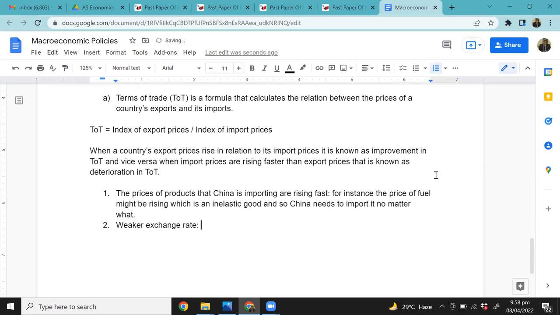Now, what is a weaker exchange rate? Think about this clearly. A weaker exchange rate is when you need more units of local currency to buy the same unit of foreign currency. So you have a dollar. Let's say previously $1 used to buy 5 yuan.